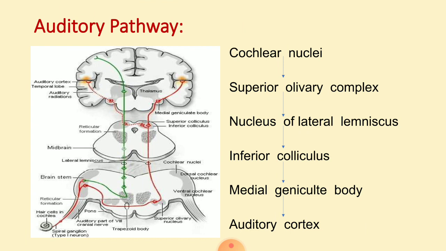In this regard, another area must be mentioned, that is Wernicke's area, which is mainly associated with auditory processing of language or speech, where the meaning of the auditory perception is actually extracted. Whatever we hear, the meaning of that is processed or extracted by Wernicke's area, and it is most prominent in the left hemisphere. And this Wernicke's area is one of the auditory association areas.